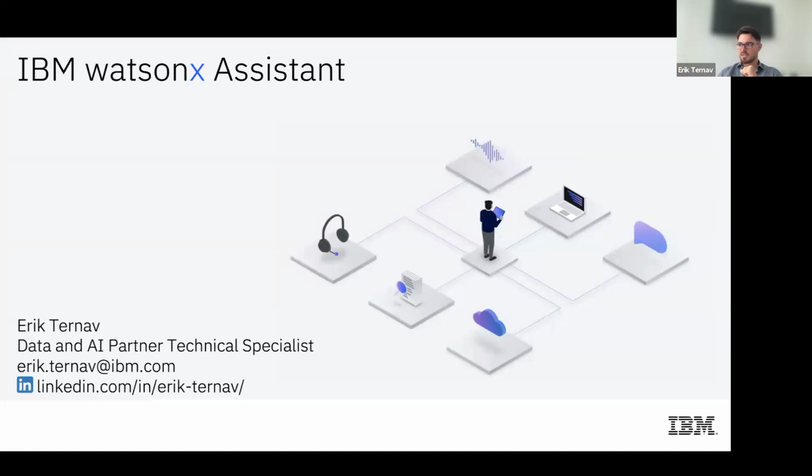So IBM watsonx Assistant is essentially a platform where our clients can build different, I can't say chatbots, because there's a term called virtual agents. Virtual agents are more of a transactional bot. Okay, so if you can imagine, a chatbot is a bit lower compared to a virtual agent, because a simple chatbot is quite straightforward.